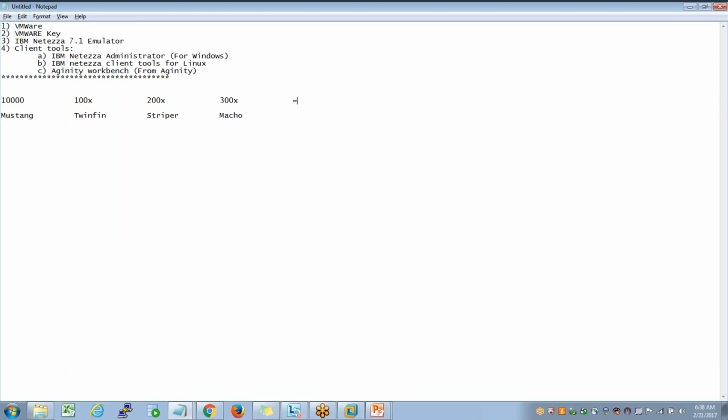This is the hardware model. Then this is 4.6, 7.0, 7.1, 7.2. These are software versions. This is for branding purposes.